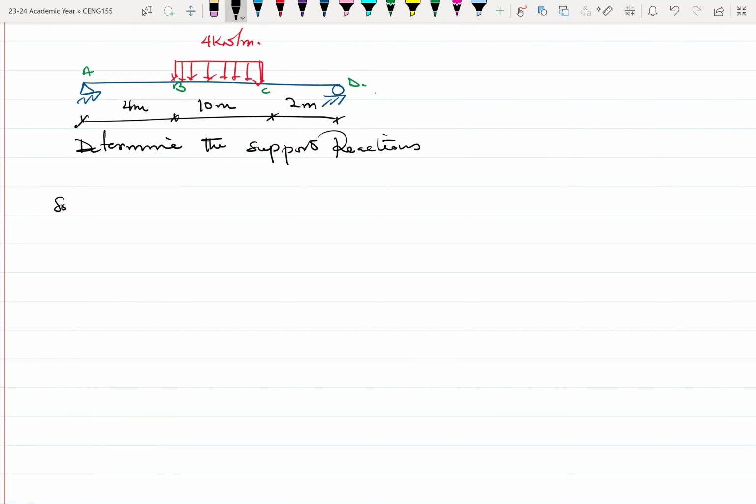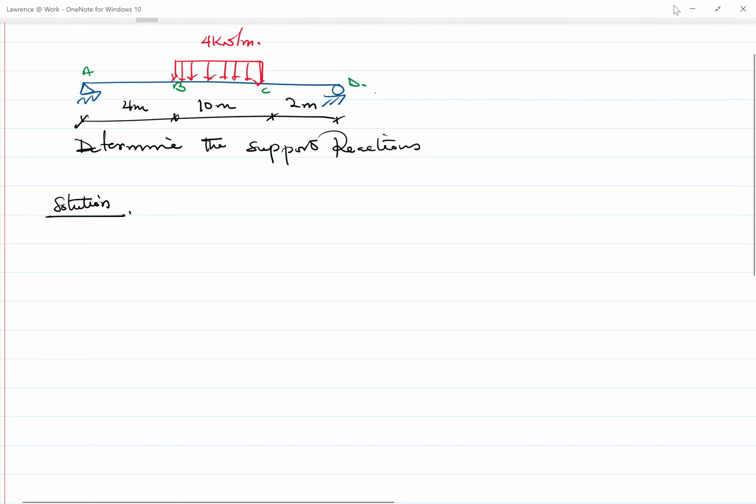So with our solution, what do we do? We do the free body diagram. That is the most important thing to do first. Because the free body diagram would help us to know where our reactions are, and what directions these reactions are in, then we can use that to find our problem.